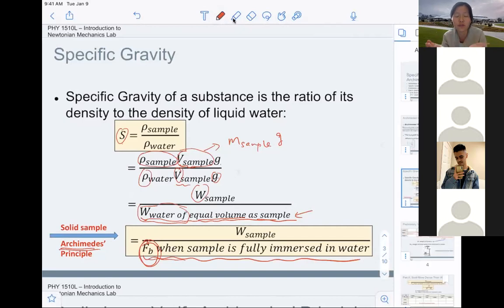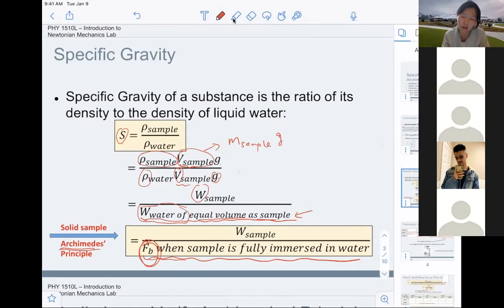Alternatively, you're thinking, well, if you weigh it first in air, and you weigh it again when it's supported by water, you are going to read a lesser value because you have a buoyant force acting on the object. So the difference in weight will be the buoyant force, right?